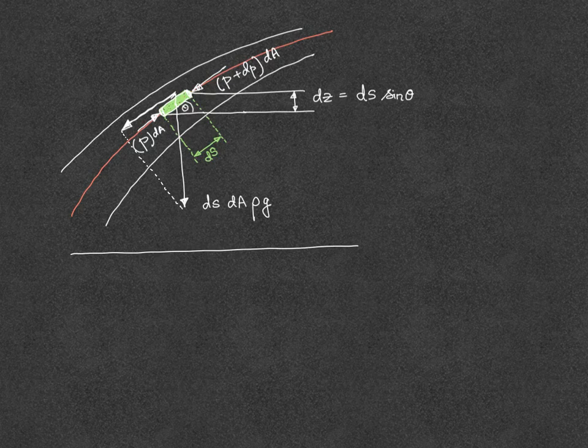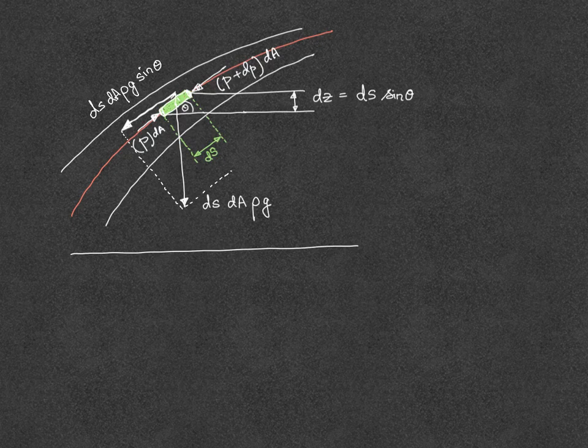It is like the inclined plane, right? There is one more component, but we are not much interested in that component. Like in the inclined plane you have mg sine theta, so that way this is ds dA rho g times sine theta. Look at this figure, I think it is quite clear.